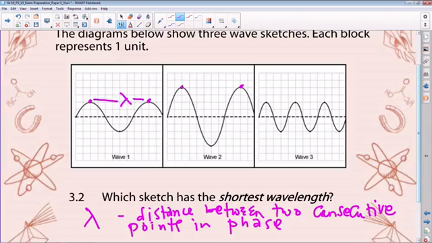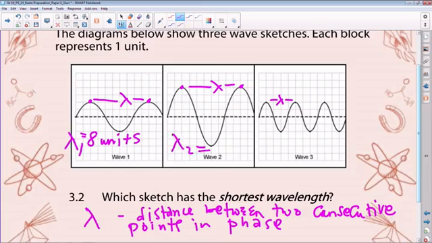That said, I think it's easier to just count 1, 2, 3, 4, 5, 6, 7, 8. So this is 8 units, okay? Our wavelength is 8 units, so that's our lambda 1, okay? Now lambda 2, in this case, is the wavelength 1, 2, 3, 4, 5, 6, 7, 8, right? This is 8 units, okay?